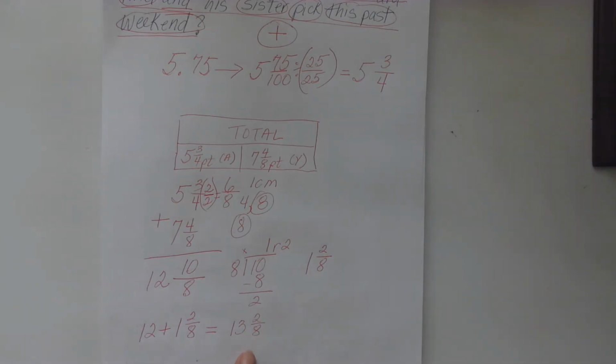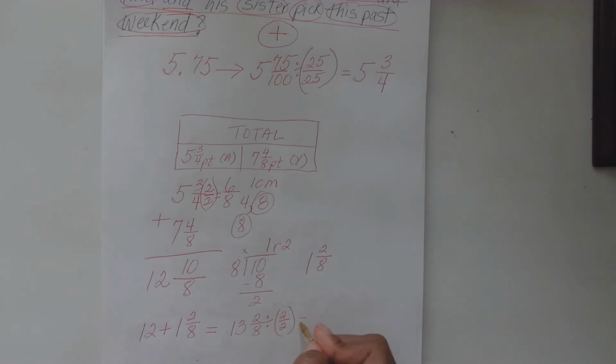Since 2 and 8 are both even numbers, I know that I can divide 2 and 8 by a common factor, which is 2. So I'm going to divide by 2/2. Again, this is 1. So I'm dividing by 1. And that's going to give me 13 and 1/4.